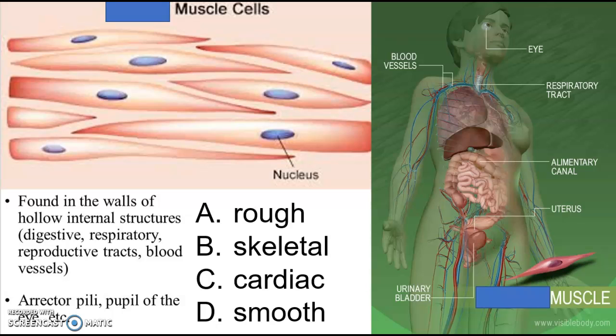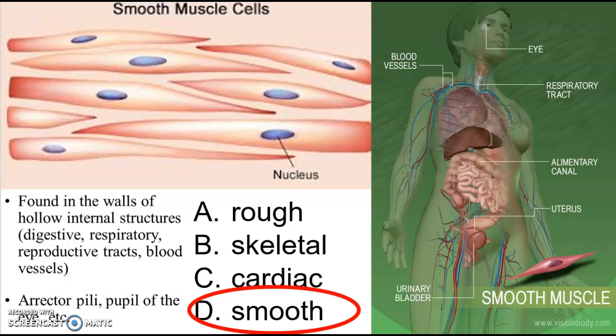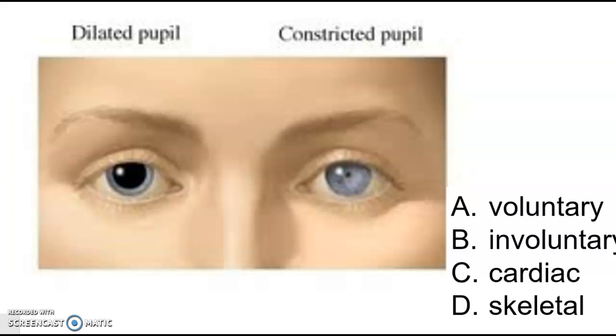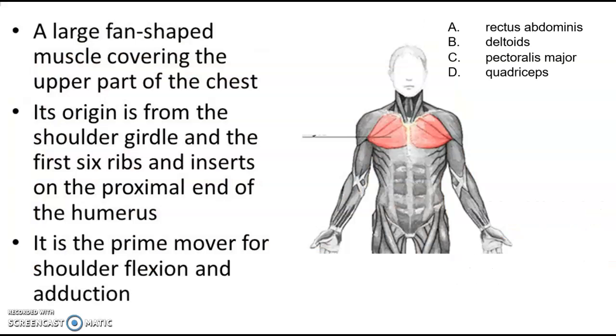What we're seeing here are all examples of smooth muscle tissue. Excuse me. The dilating and constricting of the pupil, the best word to describe that is involuntary. We do not have conscious control over that.